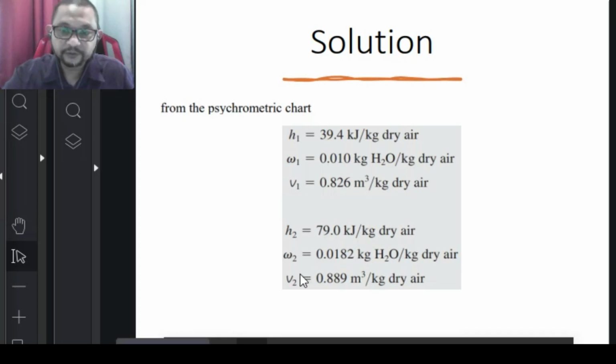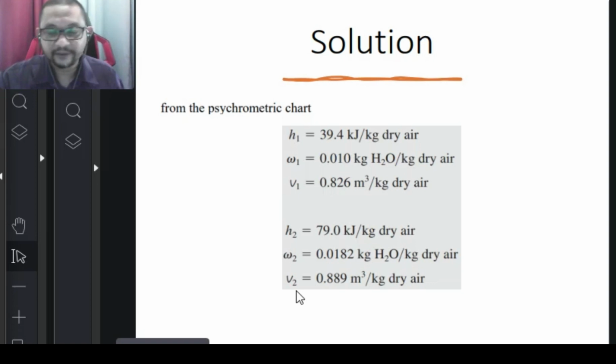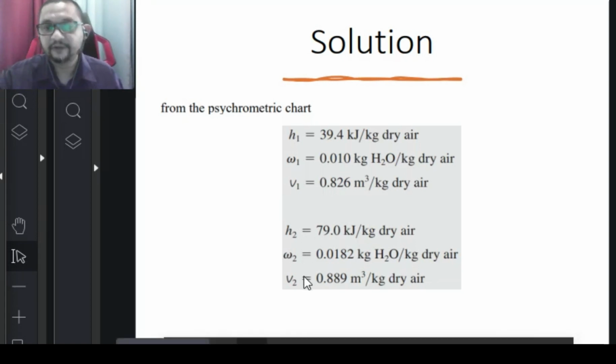For h2, omega 2 and v2, you use T2 of 30 degrees Celsius dry bulb, relative humidity of 60%, and V dot 2 of 20 cubic meters per minute.